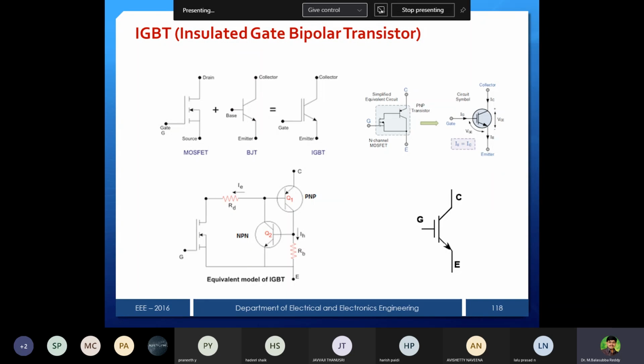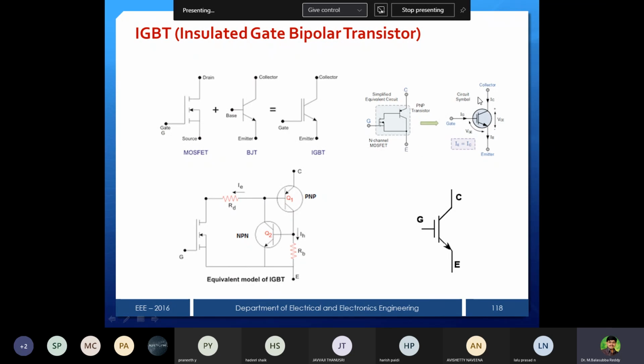It is nothing but a collector and emitter. In general we can consider it as gate, collector and emitter. Here there is a MOSFET and then a BJT on this side, and then we get the gate, collector and emitter.